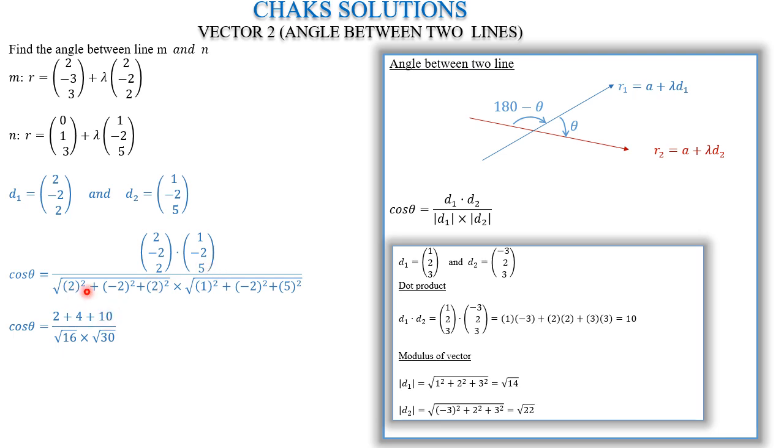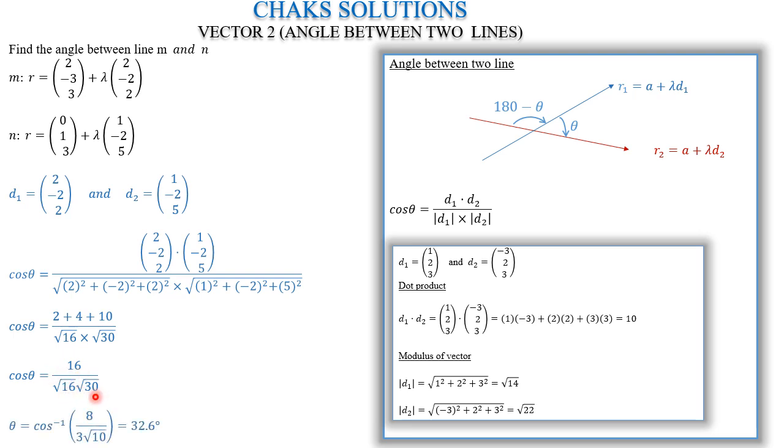Then the modulus of direction 1 is 2 squared plus minus 2 squared plus 2 squared, which is root 16, times the other modulus, 1 squared plus minus 2 squared plus 5 squared, which is root 30. So cos theta is equal to 16 over root 16 times root 30.